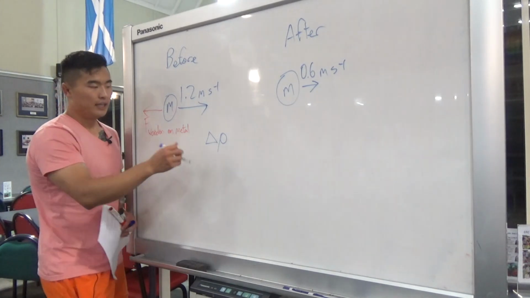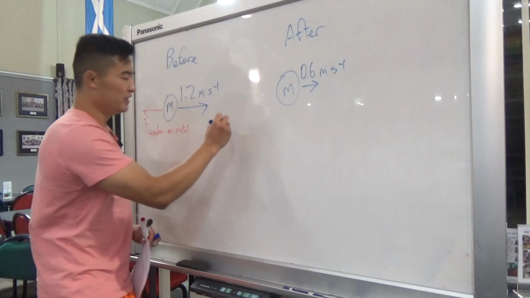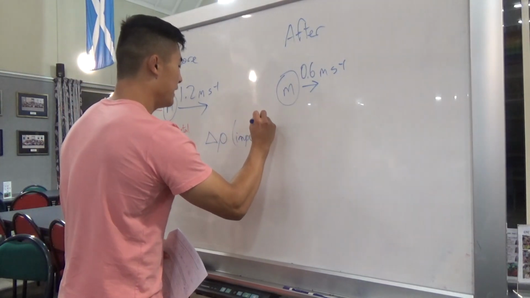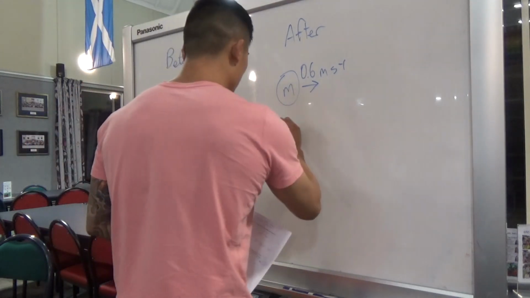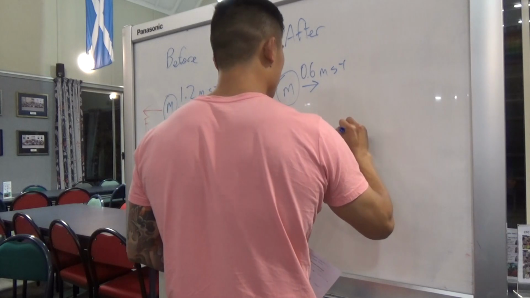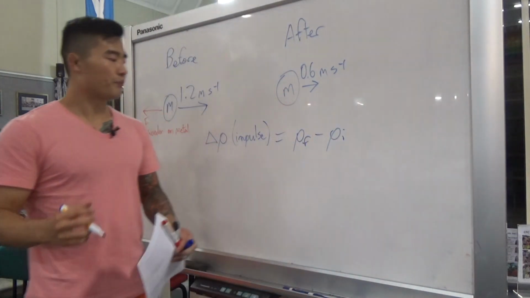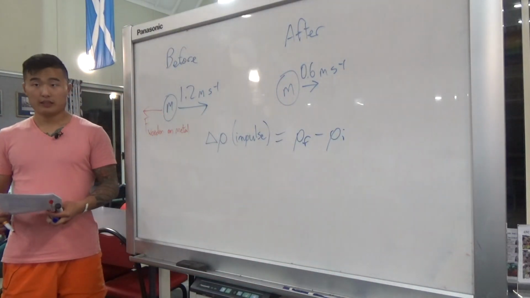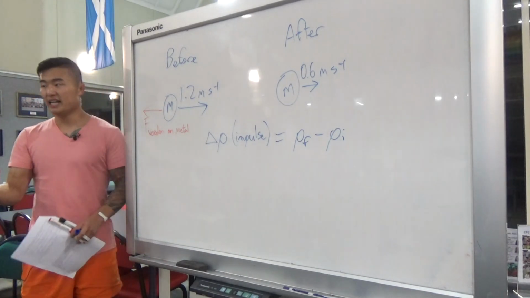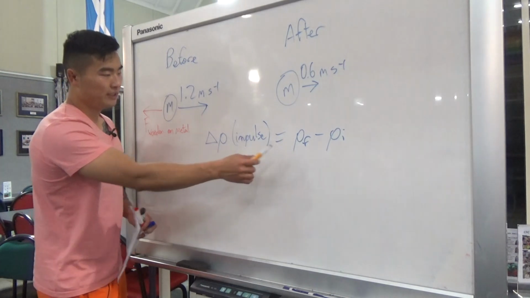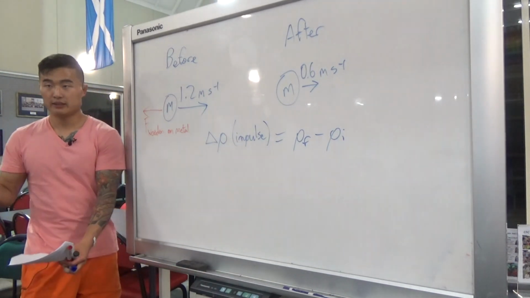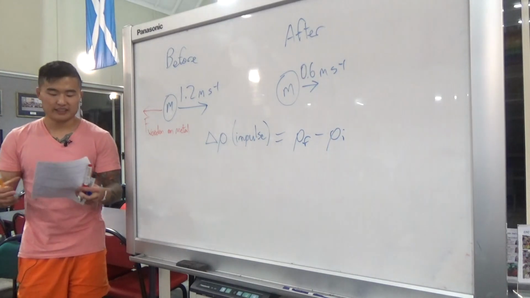So the change in momentum or the impulse is equal to the final momentum minus the initial momentum. Whenever you have a change in something and you want to put it down mathematically, you always do the final value minus the initial value. And that's going to be your delta P or delta whatever.